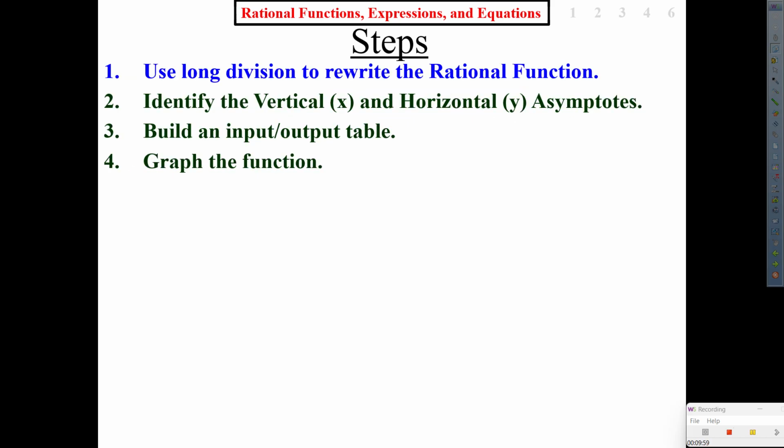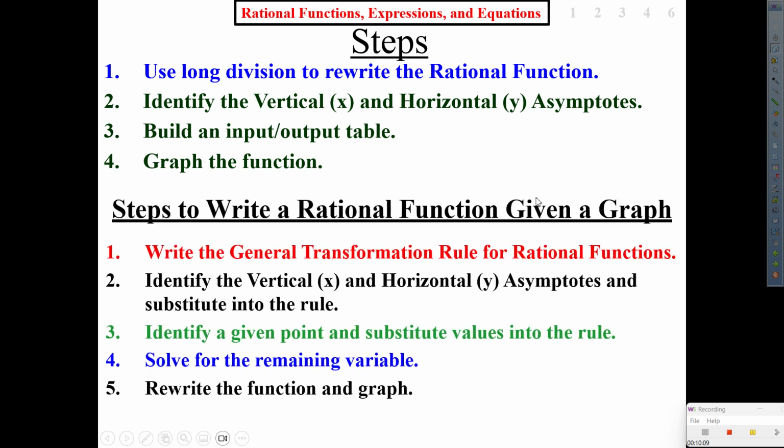An extra step. Wow. Very good. Yes, an extra step, which is long division. However, we're also going to get into writing from a graph the equation, which is all these steps. I'm not going to have you write them down. You have the code where you can go and access the presentation. However, let's get straight to the work, yeah?